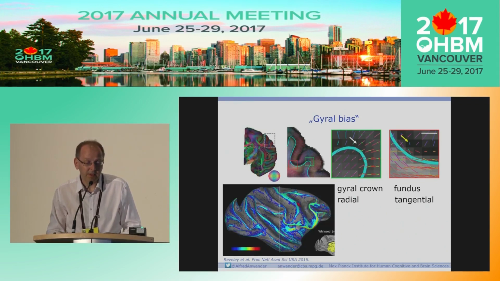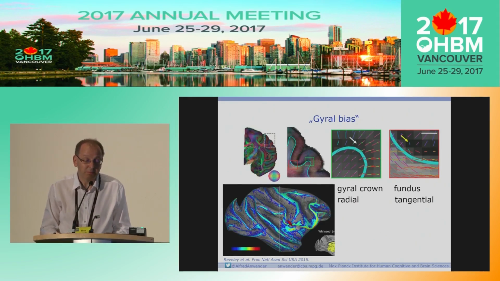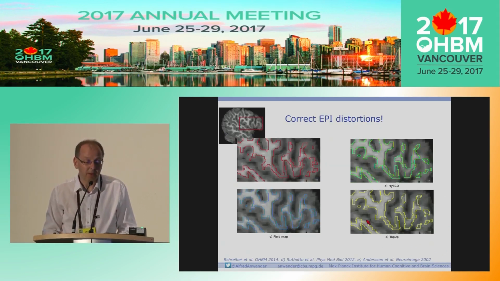This leads to a main ending bias in the crowns of the gyrus, which is probably biologically not plausible, and which can maybe be solved with new algorithms, as Maxime pointed out.